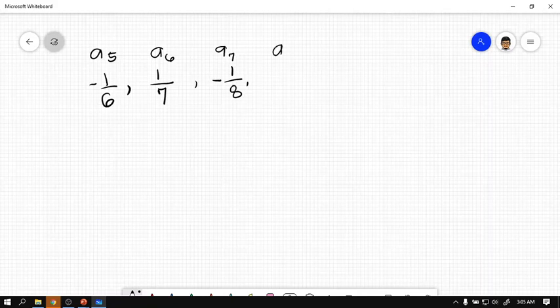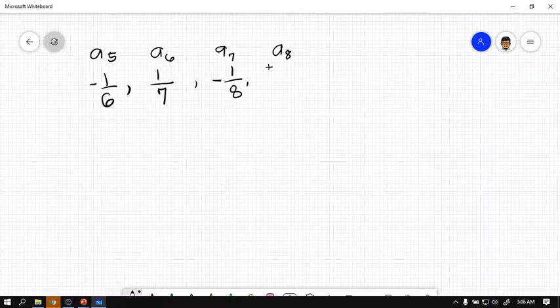What do you think is the eighth term? Let's first observe the given pattern. The first one is negative. The second one is positive. The third one is negative. Ano yung susunod? So, malamang yung susunod ay positive din.